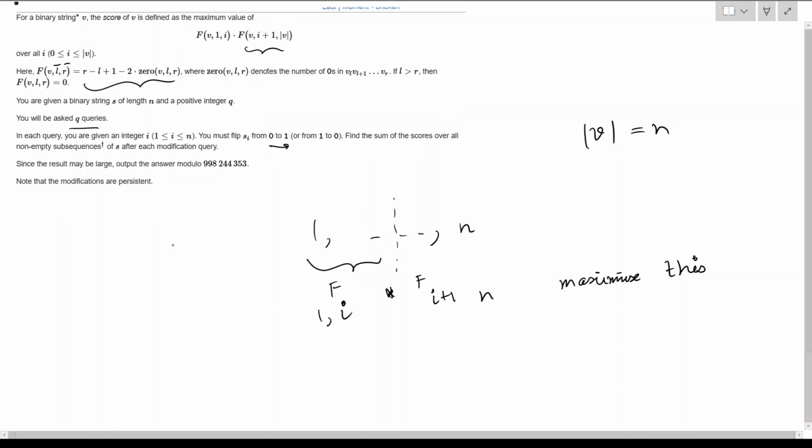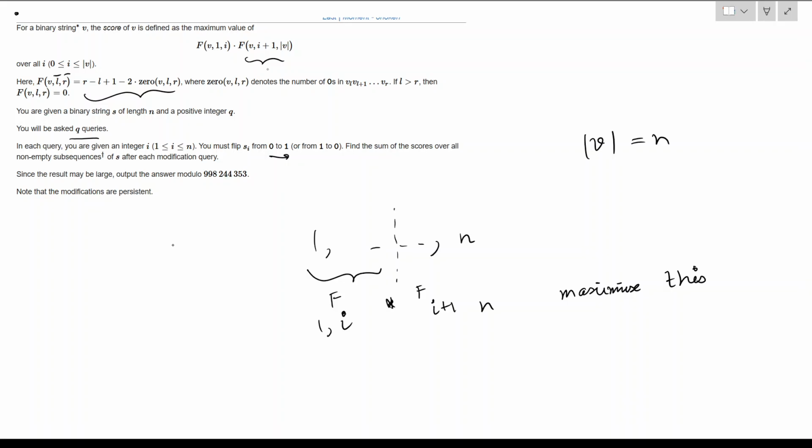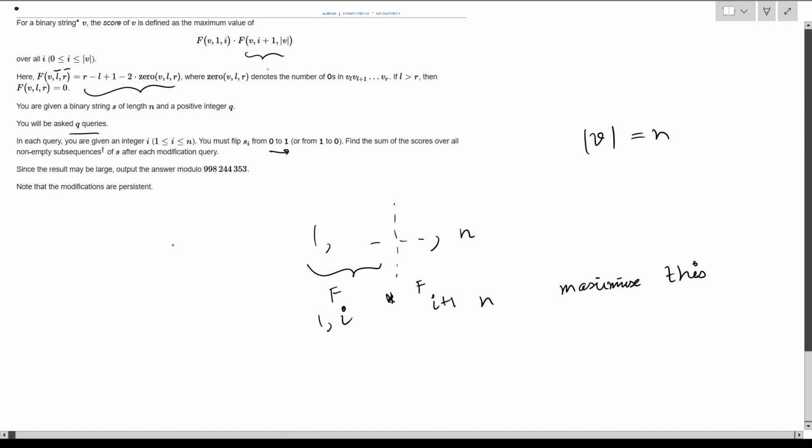So that is the problem. Here I will discuss until finding a good description of the score, and then I will show how it can be simplified very much into a combinatorial expression. And after that, it should be very clear how we can handle the queries without any difficulty.